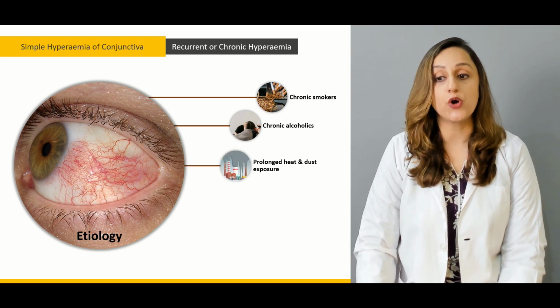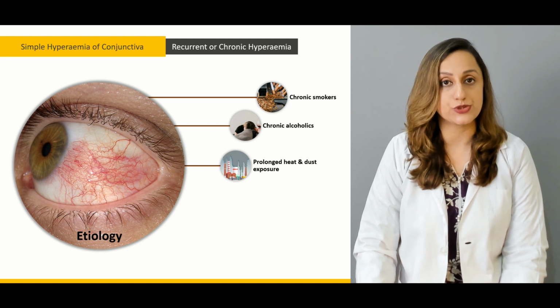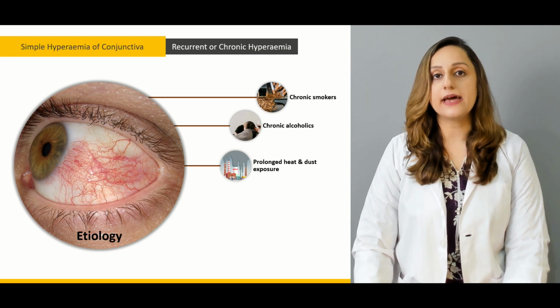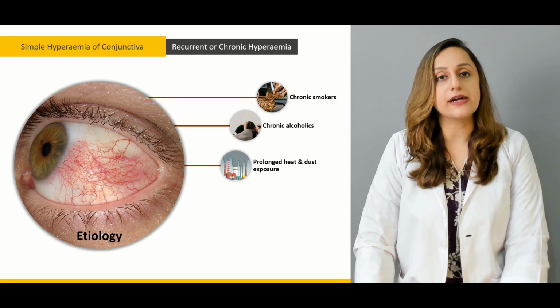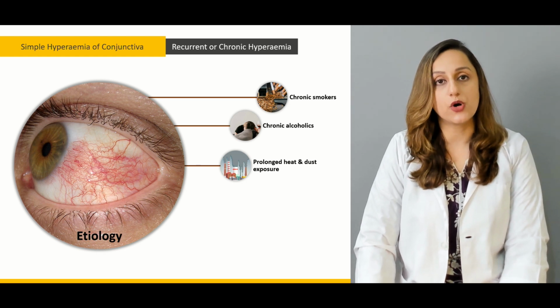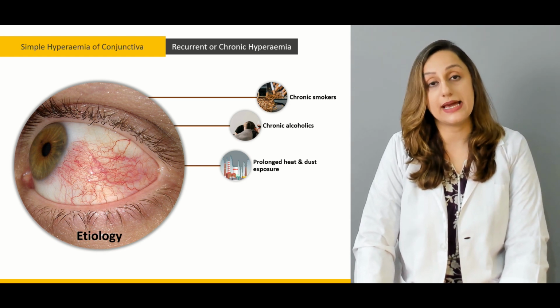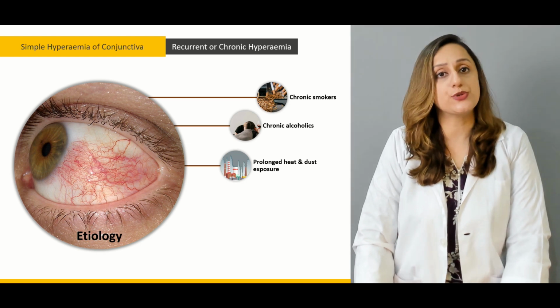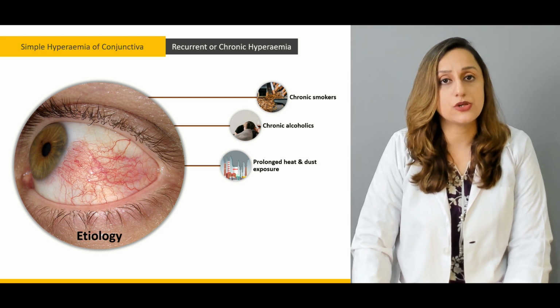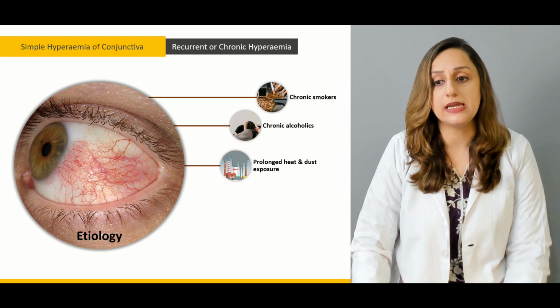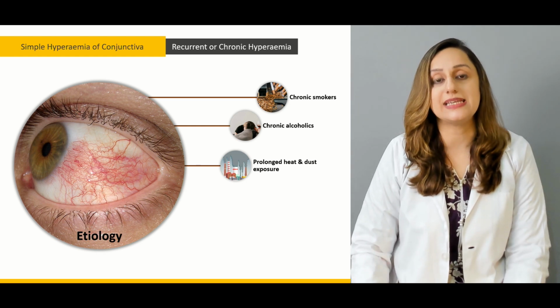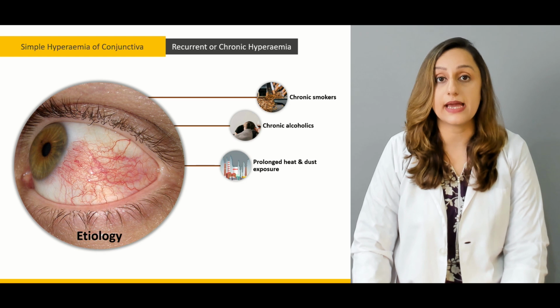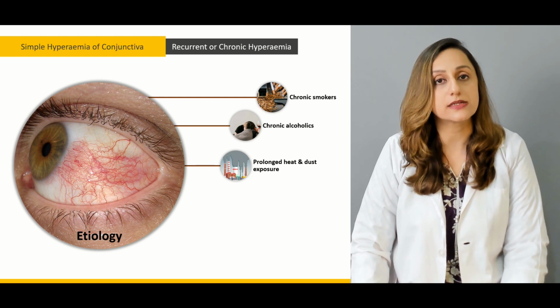Then we have prolonged heat and dust exposure. What can be the background factors for this? It can be the occupation of the individual, which can result in prolonged exposure to heat and dust, as well as some systemic factors.